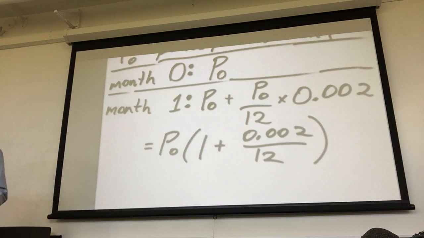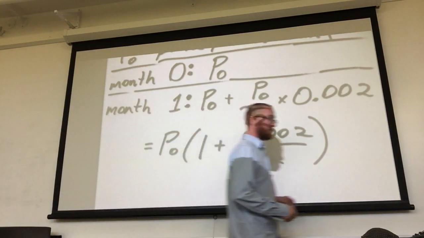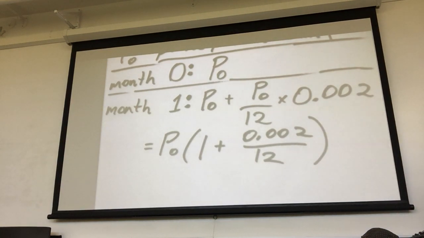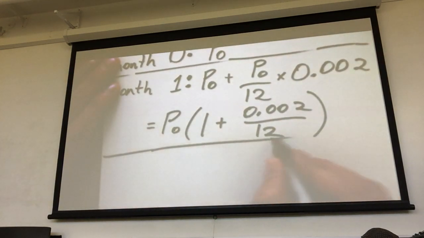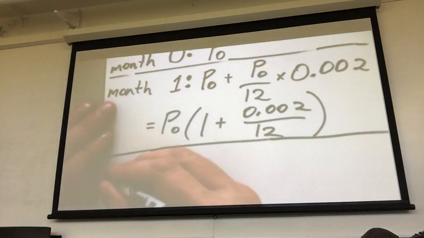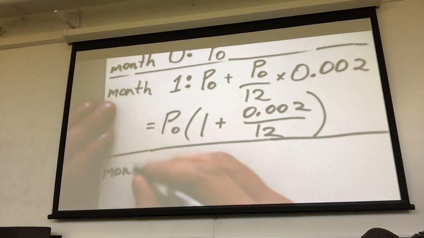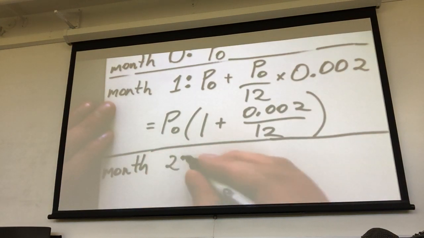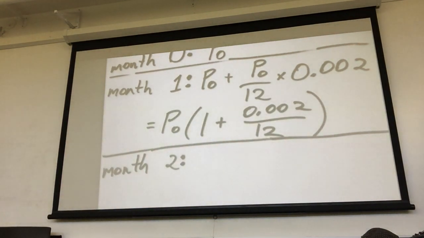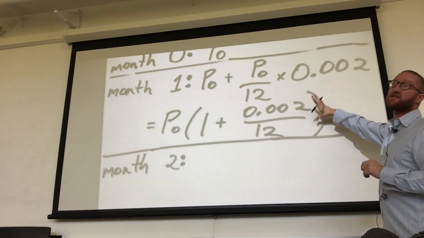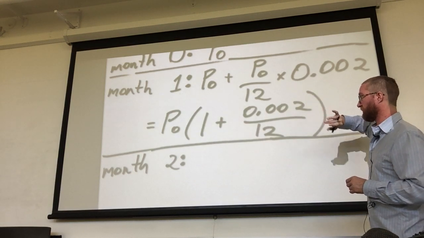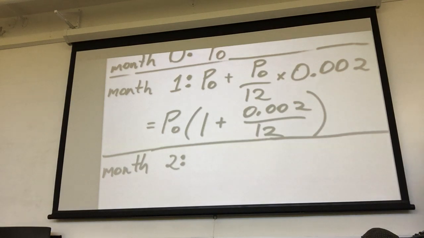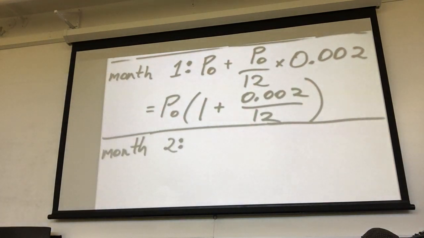Let's see what happens at month 2. Okay, so this is the amount in the bank account at this point. So now we're going to consider month 2. So there is this amount within the bank account. Okay, that's just for month 1. All right, and so what am I going to do? I've already got that amount in the bank account.